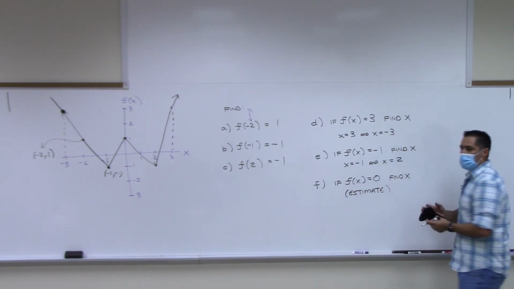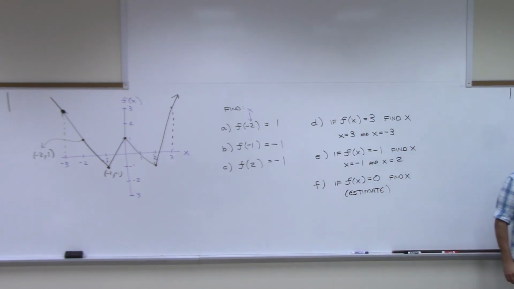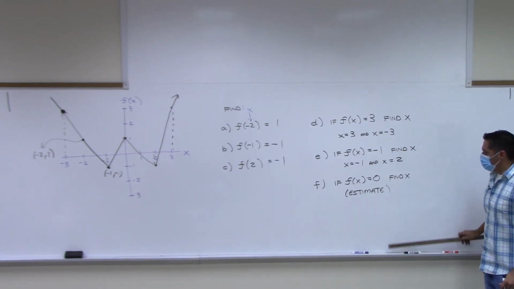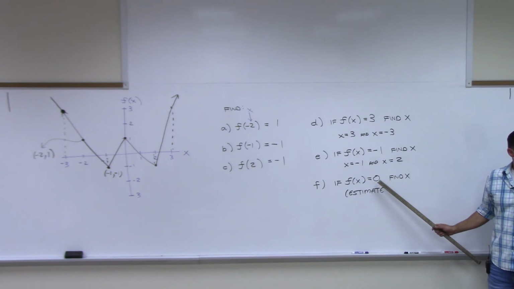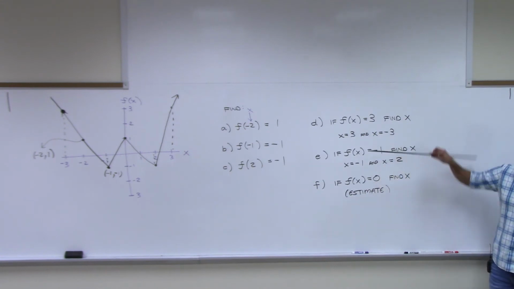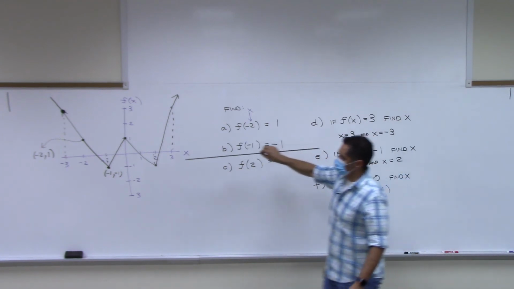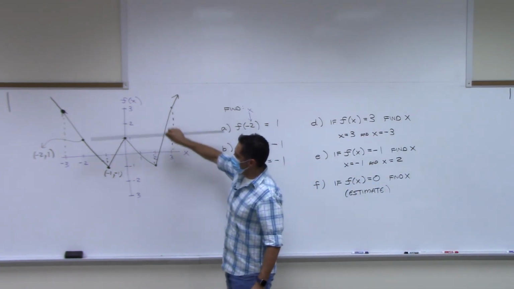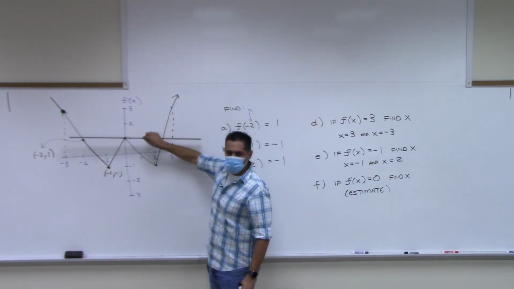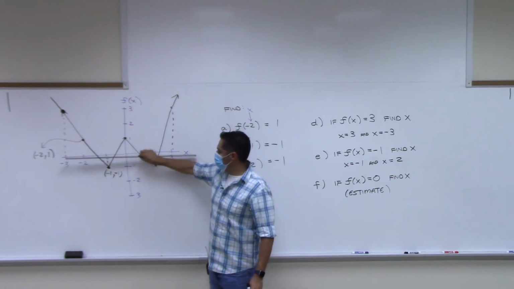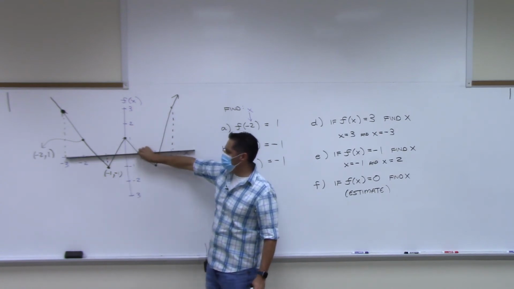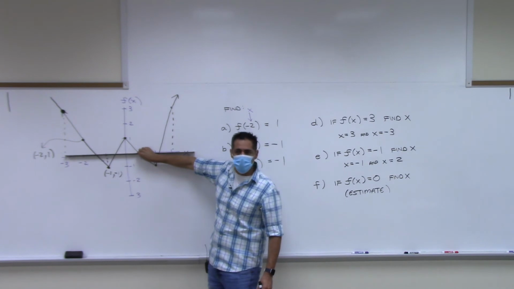That means it may not be easy to find what the answers are, so I want you to just estimate. So I want to know when the function is 0, right? That means I want to know when this up and down is 0, which is really where then? Where is it? Right there, right? Isn't that 0?